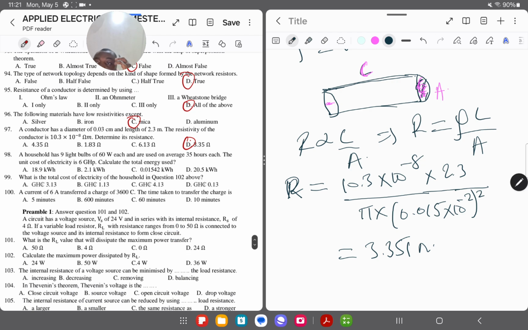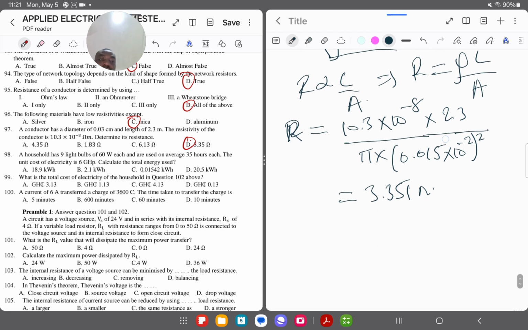Now moving to question 98. A household has 9 light bulbs of 60 watts each and are used on average 35 hours each. The unit cost of electricity is 6 Ghana pesos per unit. Calculate the total energy used.